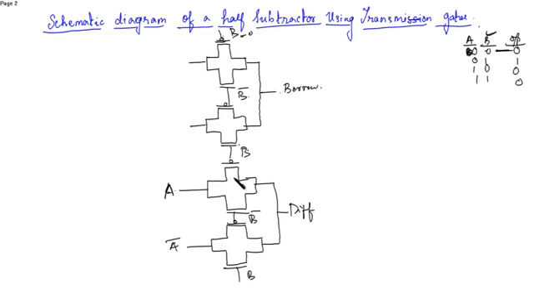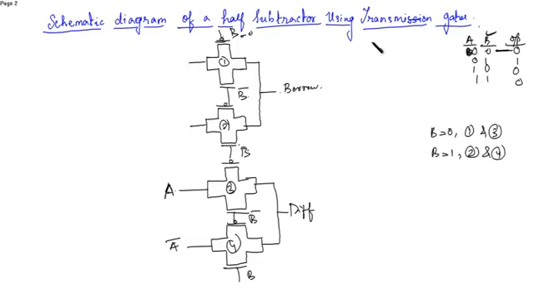When B is 0, this will turn on. So alternately they keep turning on and off. This is 1, 2, 3, 4. When B is equal to 0, then 1 and 3 will turn on. When B is equal to 1, then 2 and 4 will turn on.